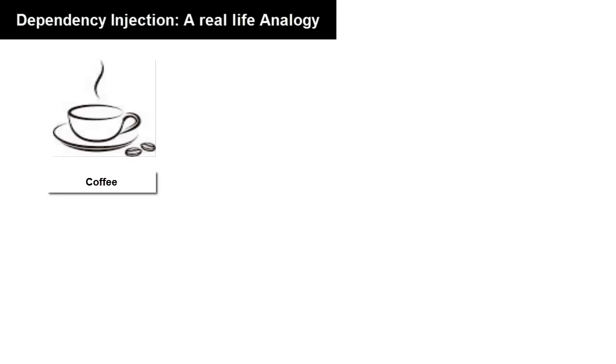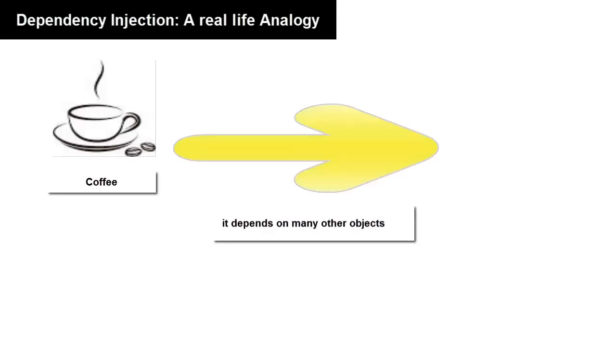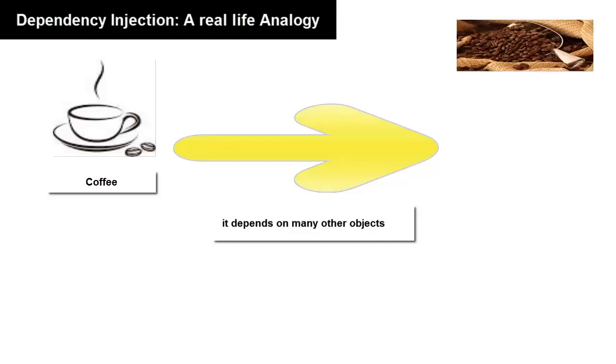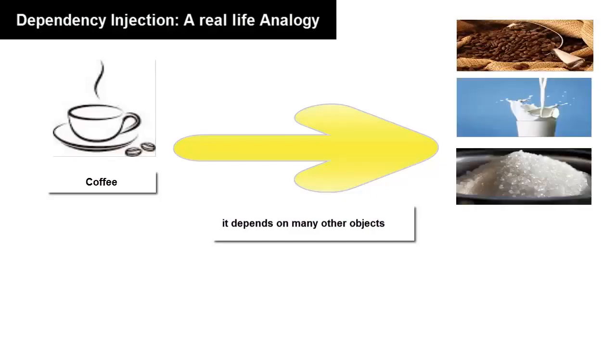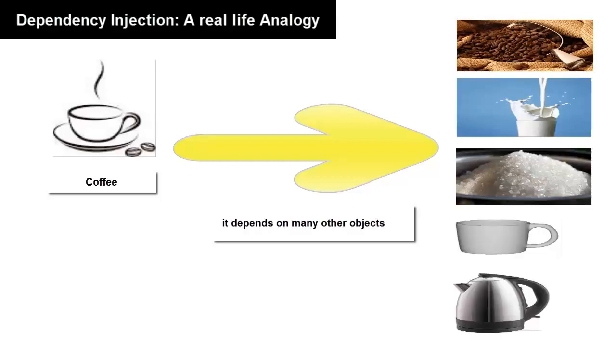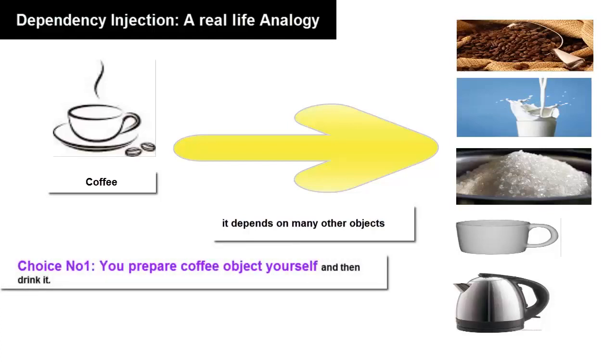You want to have a cup of coffee and you know this depends on many other objects, or has many dependencies, like coffee beans, milk, sugar, a clean mug, an electric kettle to boil the milk, and any other ingredients which you like in coffee. You have two choices. You can prepare the coffee object by resolving every single dependency of it by yourself from start till end.